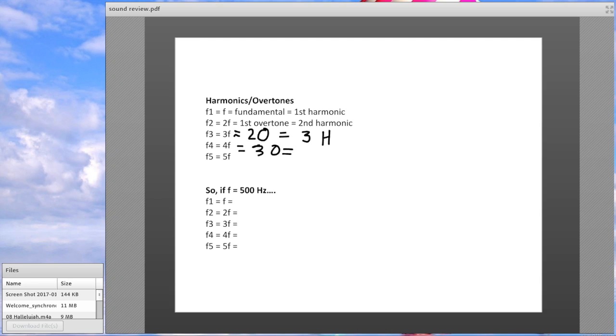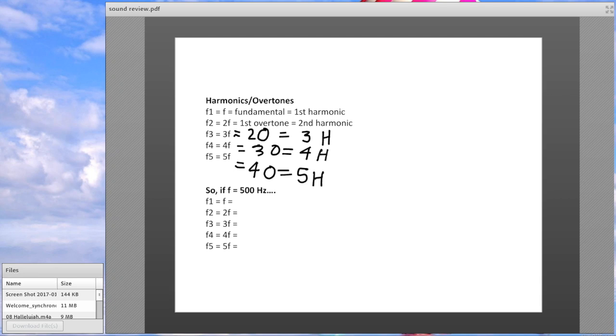So your overtones are always whatever frequency you're on, minus 1. If you're in your fourth frequency, minus 1 would be your third overtone. F5, 5 minus 1 is 4, fourth overtone, or a fifth harmonic.